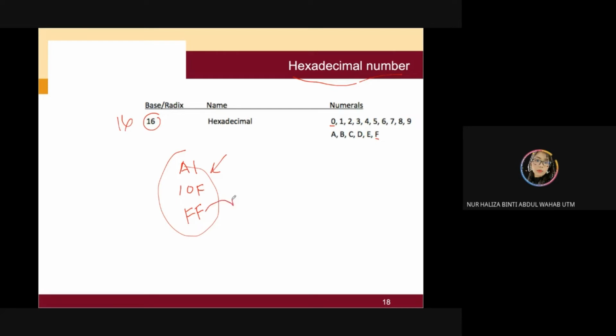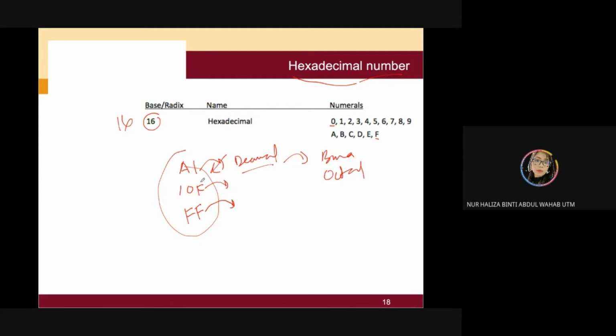So you're going to convert all these hexadecimal numbers to decimal number. From decimal, you can change later on to binary or maybe octal, whatever base later on.